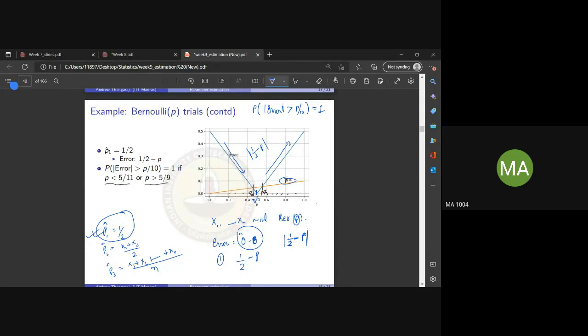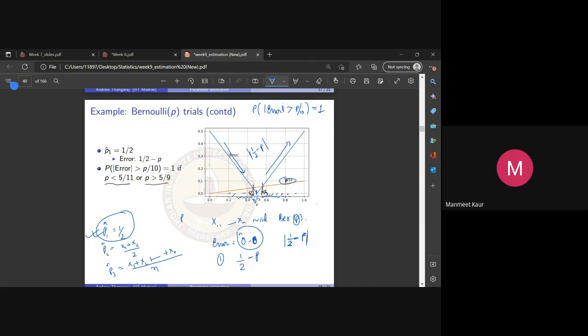So you wanted your error to be greater than P by 10. Look at these two graphs. For what values of P is your error greater than P by 10? Any P that is less than 5 by 11 and any P that is greater than 5 by 9 will give you the probability that mod of error is greater than P by 10.